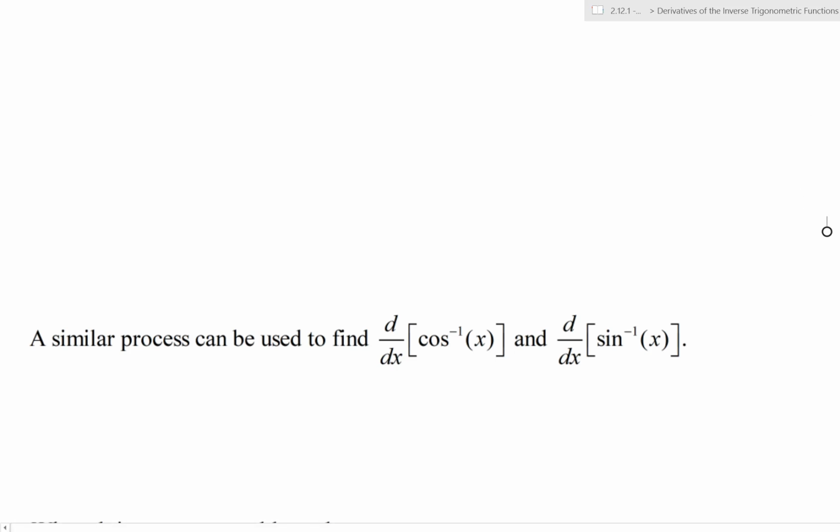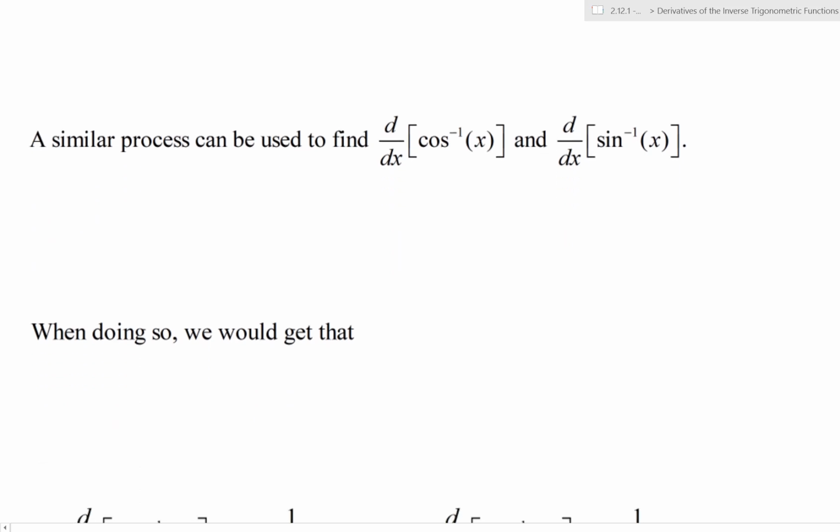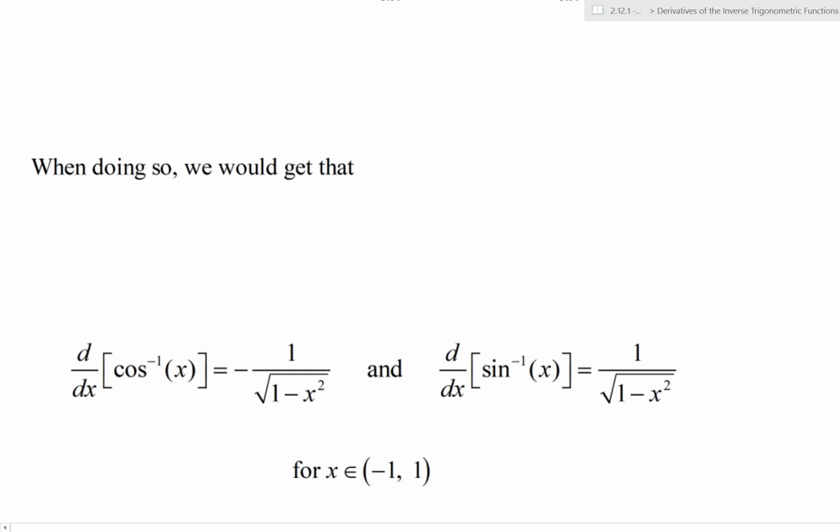So, you can imagine doing that similar process, and in doing so, we would get that the derivative of the arccosine function, right down here, is -1 divided by the square root of 1 minus x squared, and the derivative of the inverse sine function is a +1 divided by the square root of 1 minus x squared.